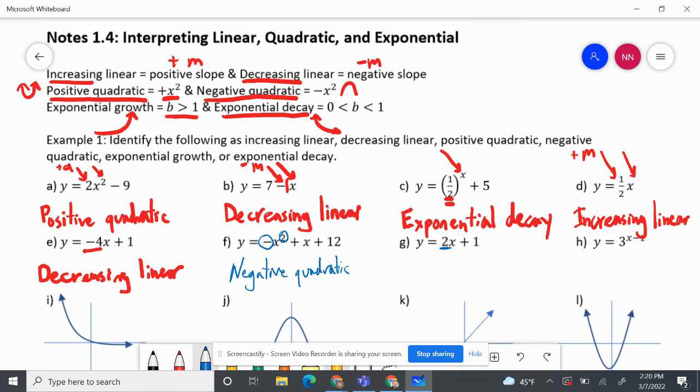Our slope is positive, so that would be increasing linear. And then for letter H, we notice that our b value is greater than 1. We know that it's exponential because there is an x for the exponent, so that would be exponential growth.